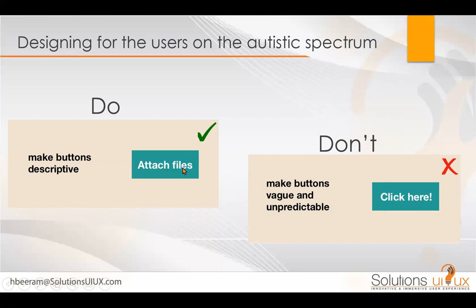If you are trying to help them attach an image and you don't have enough direction, with just click here they would not know it attaches a file. So we should at all costs avoid making buttons vague and unpredictable. They have to be predictable and descriptive.